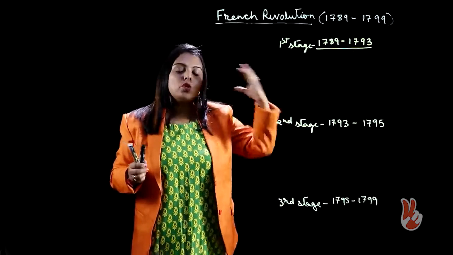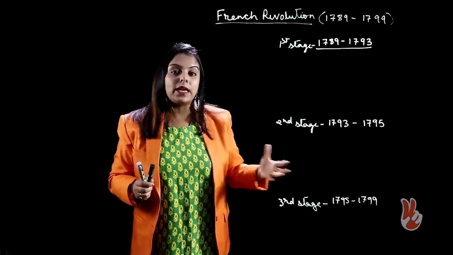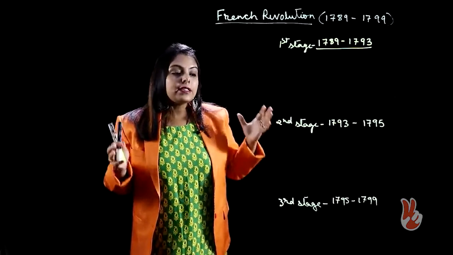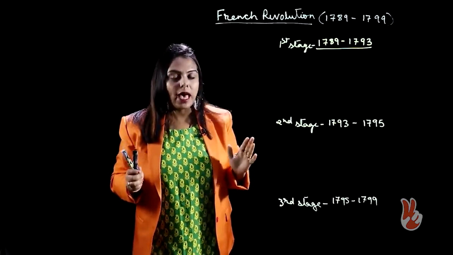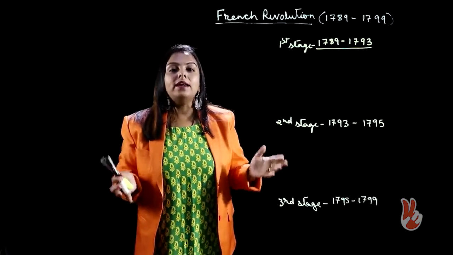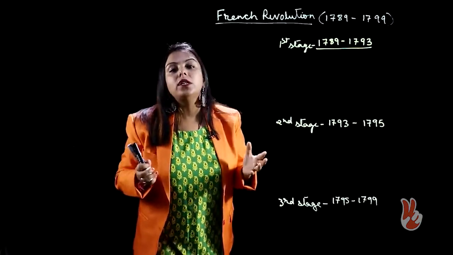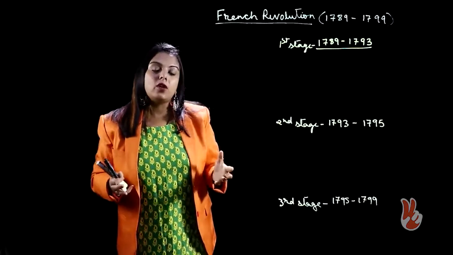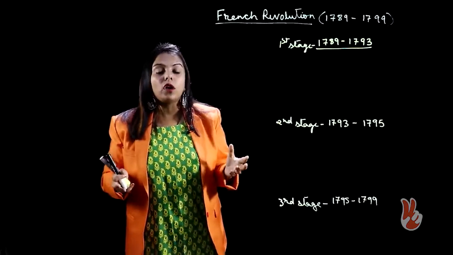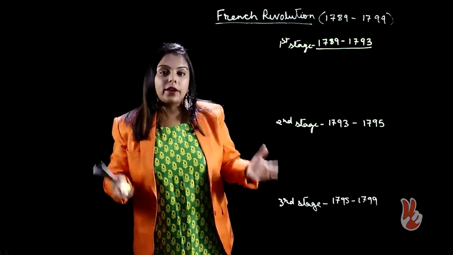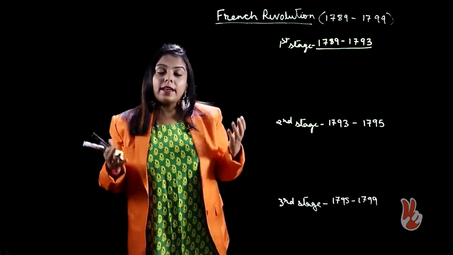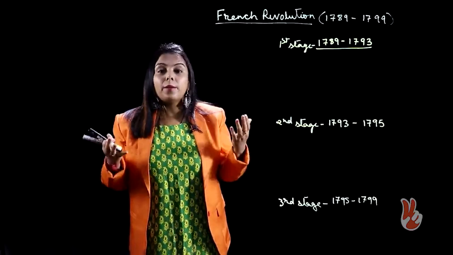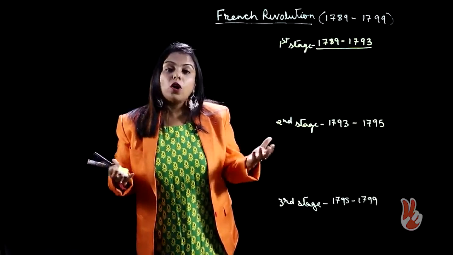Because there are so many events that take place in this revolution, it is important to mark these stages so that you understand what was happening. So, when did the French Revolution actually begin? We have read the causes, one of the causes being the financial crisis, and it also saw that farmers didn't have enough income after the American War of Independence.